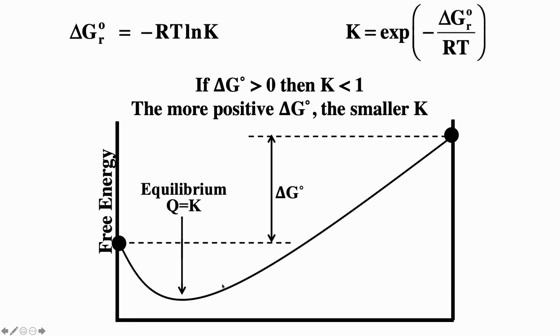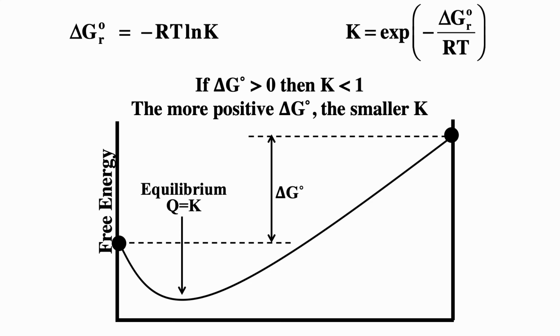Now if delta G naught is positive, that means the products have higher potential energy than the reactants. The products are less stable, the reactants are more stable, and so we'll have more reactants at equilibrium. Using this equation, we can see if delta G naught is positive, that means K is less than 1.